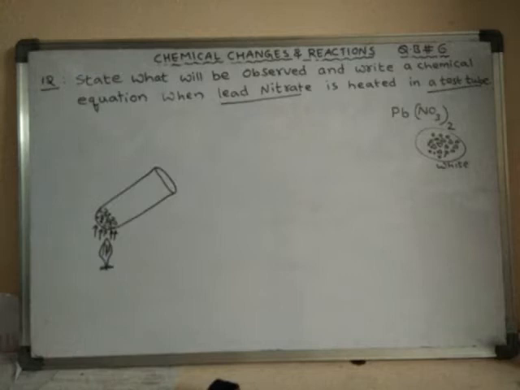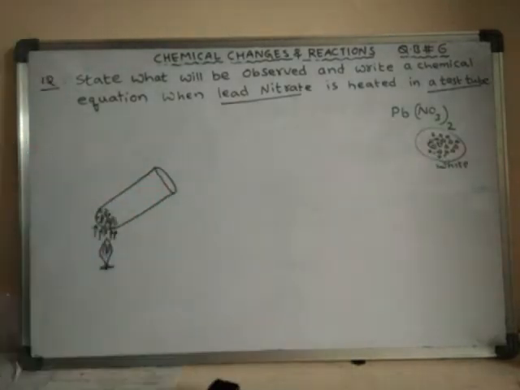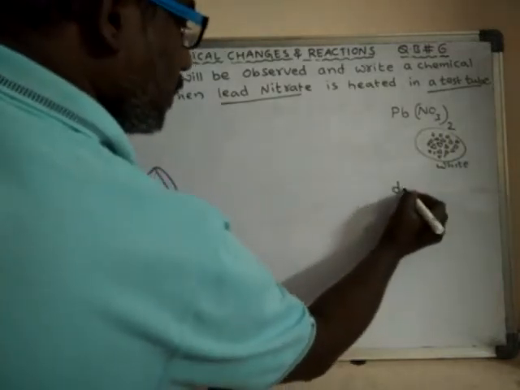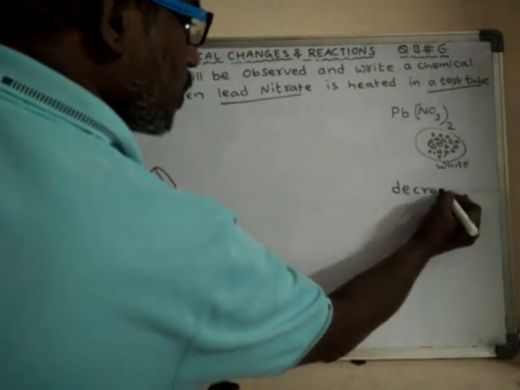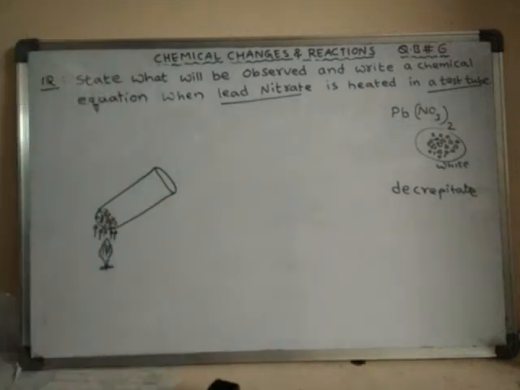During heating of this lead nitrate, when the crystals are heated, what happens? These crystals will break down. They will decrepitate. What is the meaning of decrepitate? They will break down by making noise.